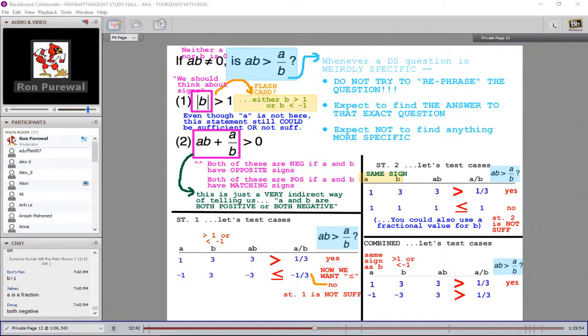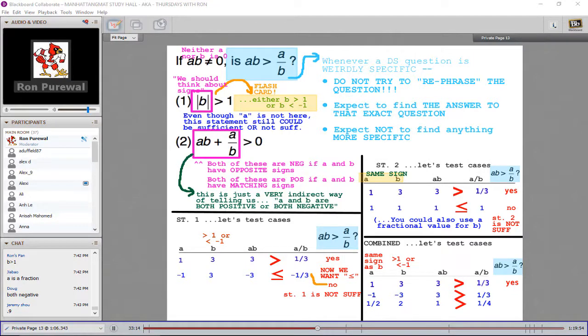If we try a fraction for A, like 1/2 and 2, then 1/2 times 2 is 1, and 1/2 divided by 2 is 1/4. That's still greater. If you keep trying this, you're not going to get less than or equal to. And remember, if you don't get that after a while, you should trust that you're not going to get it.